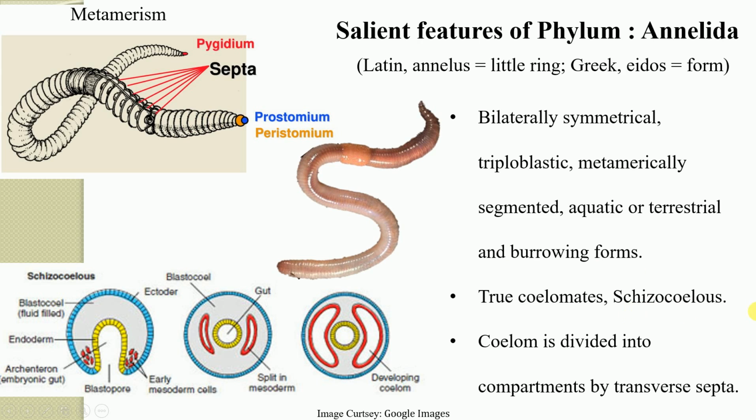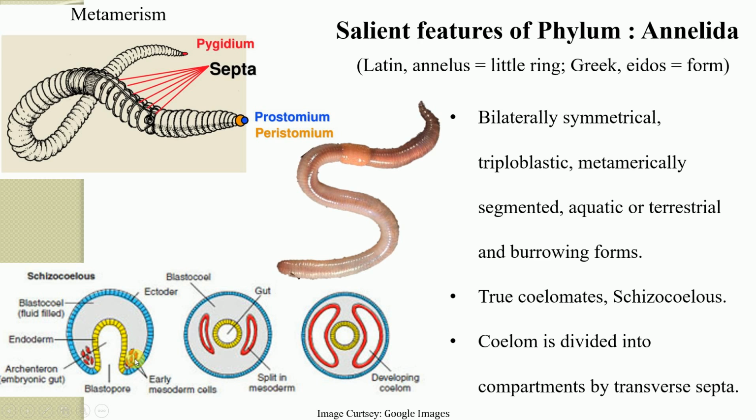Then they are schizocoelous. Schizocoelous in the sense that in embryonic development there is an early differentiation of a few mesodermal cells. Here in the diagram you can see the archenteron, which is going to form the gut, or the digestive system, and the invagination of the outer layer is going to form the endoderm part.